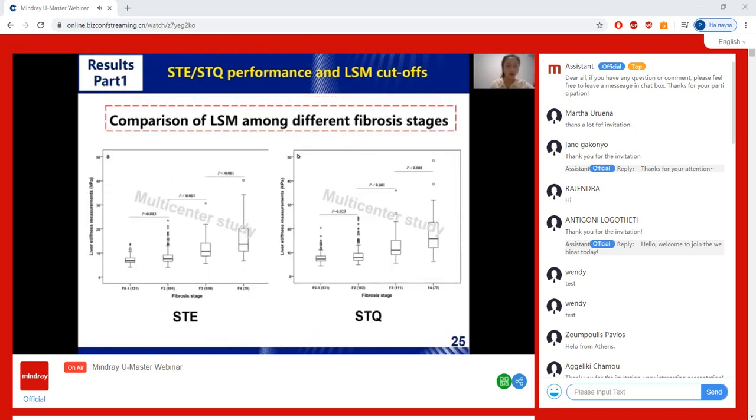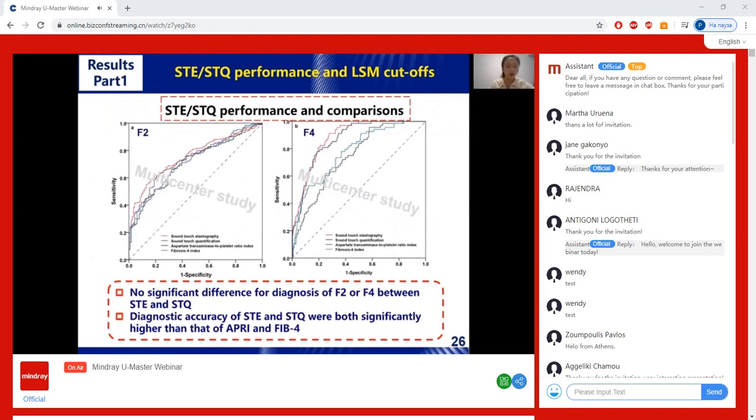Patients in each fibrosis stage had significantly higher median values of liver stiffness measurement by both STE and STQ than those with a lower fibrosis stage. The optimal cutoff values of liver stiffness measurement performed by STE and STQ for predicting significant fibrosis and cirrhosis were found, and both showed significantly higher diagnostic accuracy for cirrhosis compared to serological markers of liver fibrosis.